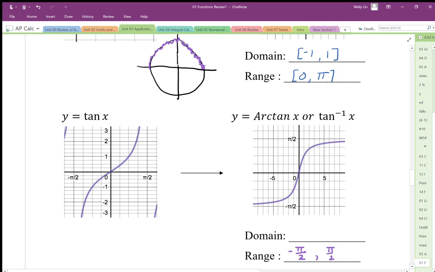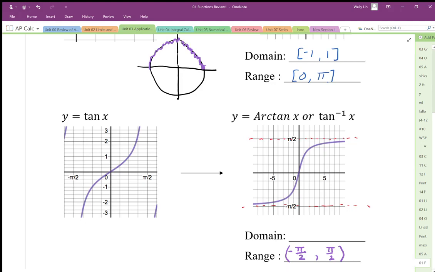But we can't include -pi over 2 and pi over 2 because they are asymptotes. They'll never quite reach those points. We can never actually get to those points on the circle, because at 90 degrees we have no slope, so we have that vertical asymptote. So the arctan has horizontal asymptotes that look like that.